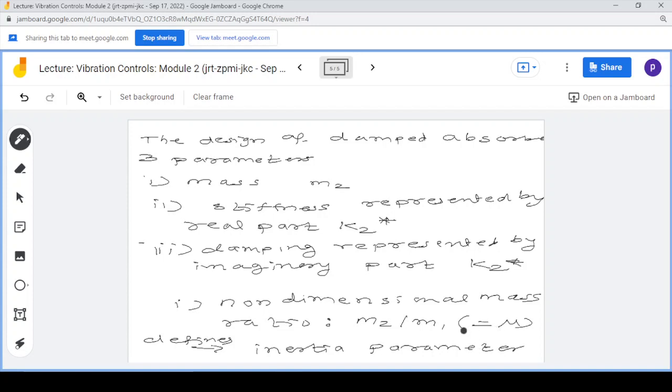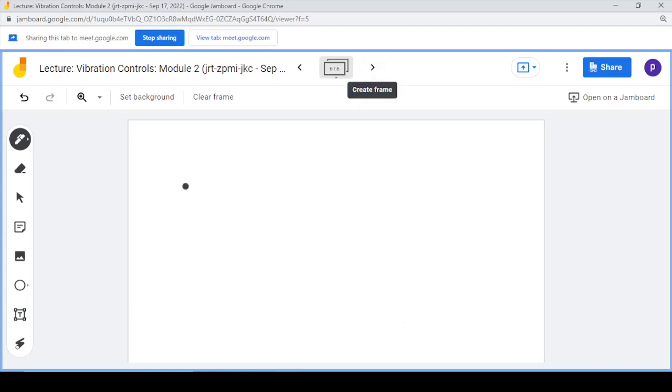Now let us consider the second parameter in the design. The second is the stiffness parameter. The stiffness parameter can be expressed in terms of the non-dimensional tuning ratio.